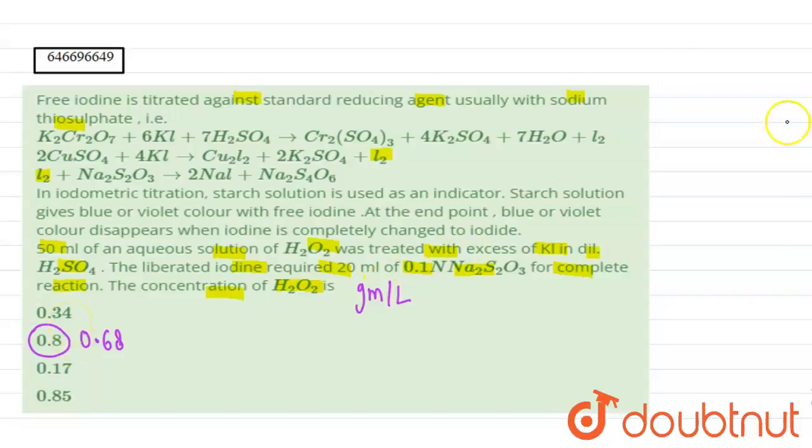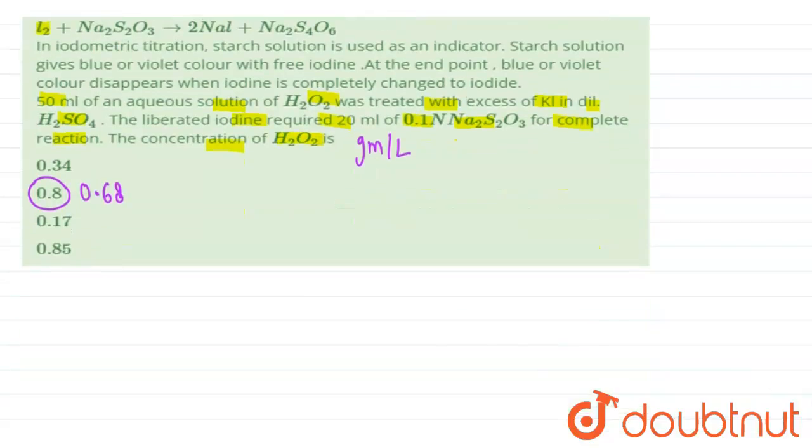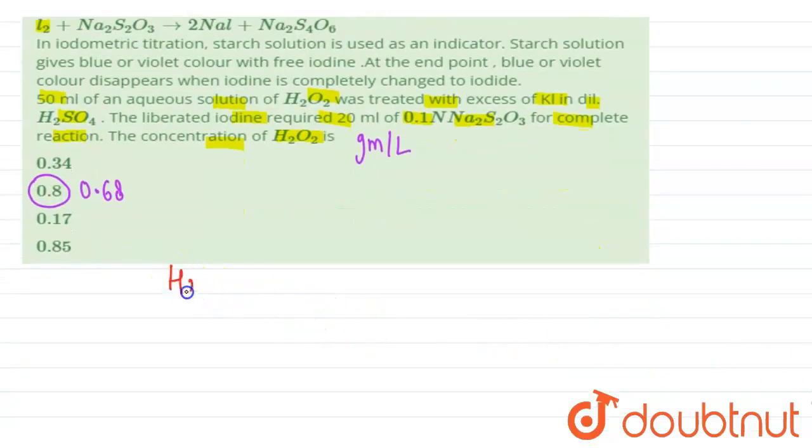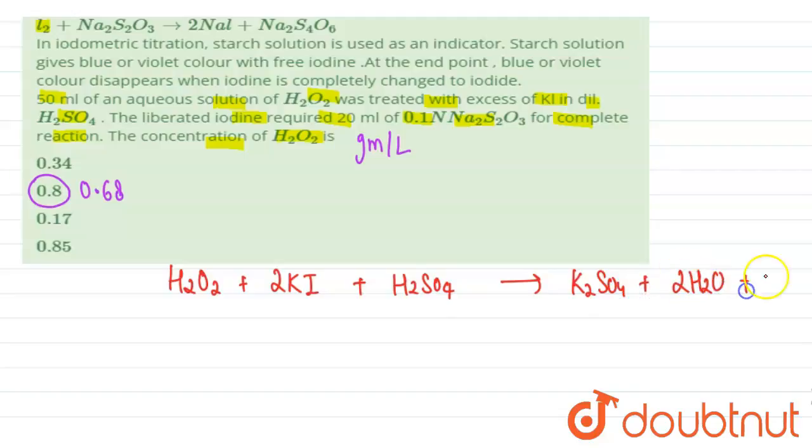To begin this question, first we will write the reactions that occur when H2O2 reacts with potassium iodide. When H2O2 reacts with potassium iodide in an acidic medium, since we are using H2SO4, we get K2SO4 plus 2 moles of water, and iodide gets oxidized to iodine.